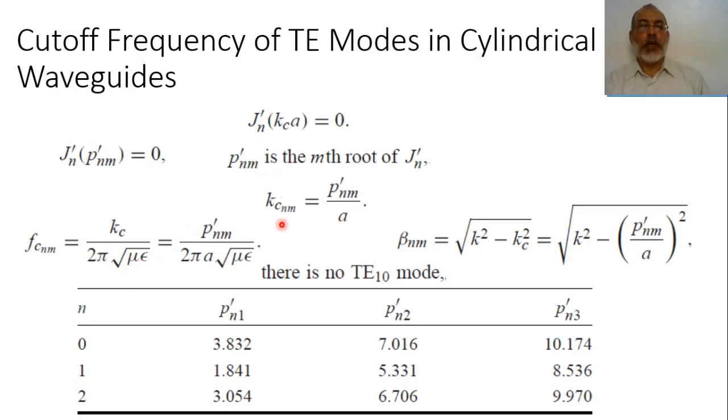So by knowing the cutoff wave number, we can find the cutoff frequency as b dash nm over 2 pi a square root mu epsilon, where a is the radius of the waveguide. And the propagation wave number beta nm equals square root of k squared minus kc squared, and kc squared can be replaced by b dash nm over a squared.